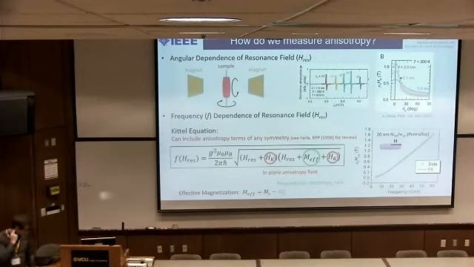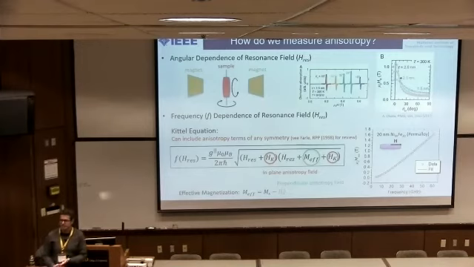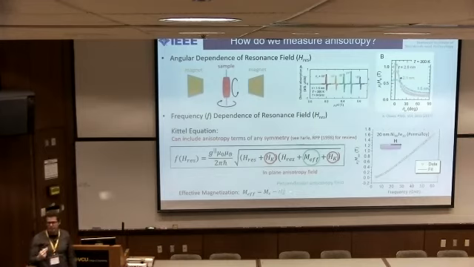We can actually separate out the first and second order perpendicular anisotropy by measuring the sample in plane and out of plane. Because this M effective term here for the out of plane direction contains both the first and second order anisotropy terms. And for the in plane case, as shown here, only contains the first order. And so if you measure them both, the difference is the second order.